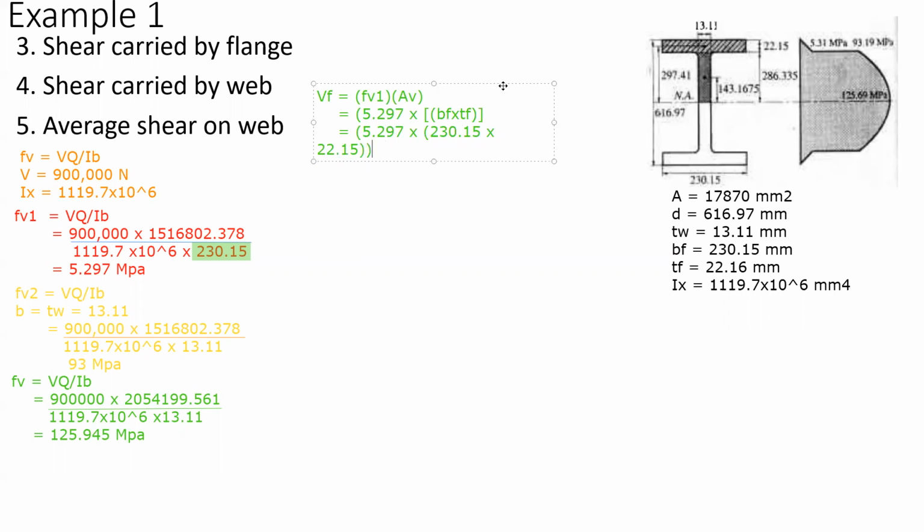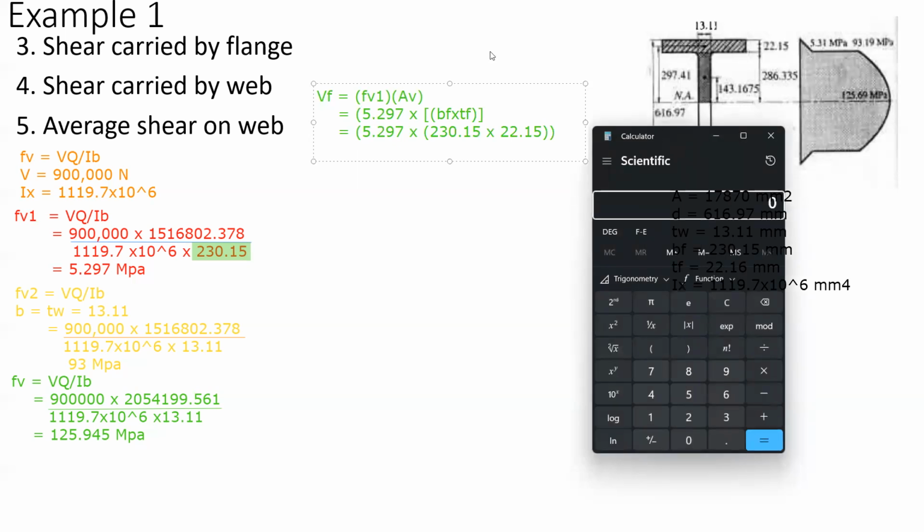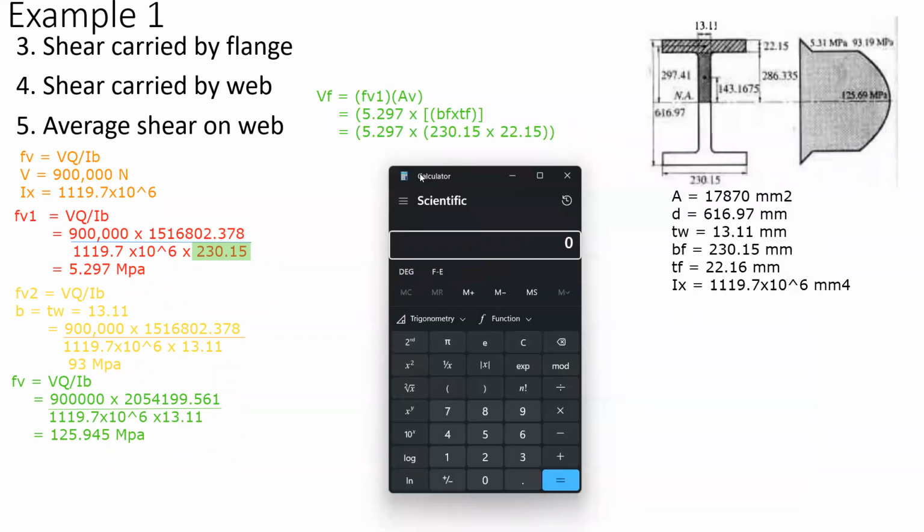And so 27,000.3 newtons, or let's convert that to kilonewton by dividing it by 1,000.